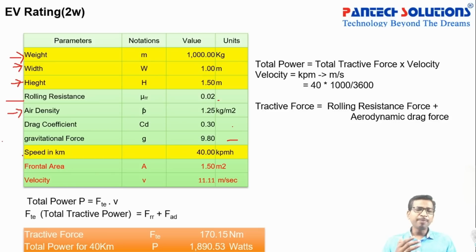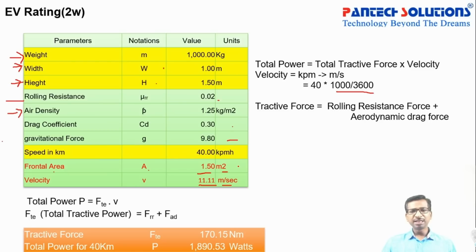Now I want to run my vehicle at 40 km per hour. In that condition, first you should convert kilometer per hour into meter per second. That is 40 × 1000 divided by 3600. Once you get that, the velocity of the vehicle is 11.1111 meter per second. And the frontal area A is the multiplication of width and height, so in this condition it is 1.5 meter square.